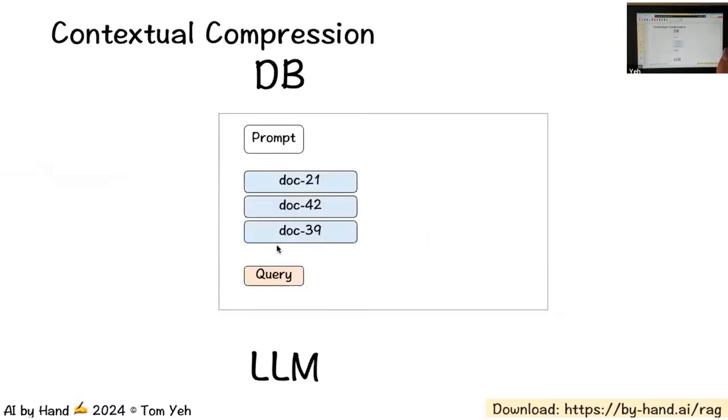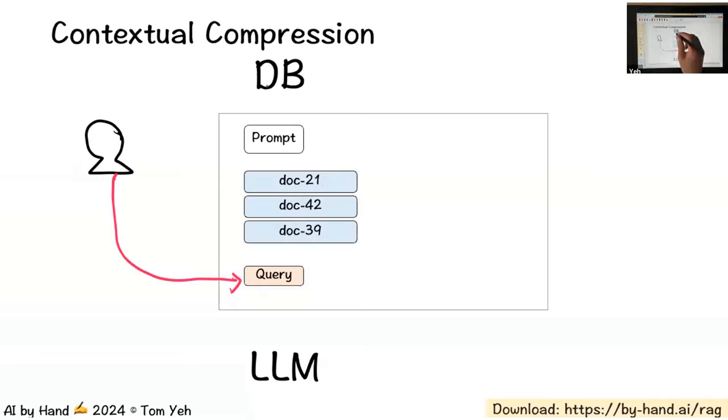And lastly, actually not lastly, contextual compression is another way to improve RAG. So we start with the user again, and we send the query. Normally we send the query to the database to get documents, and the query tends to be a pretty short sentence.